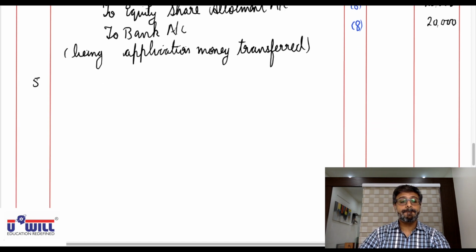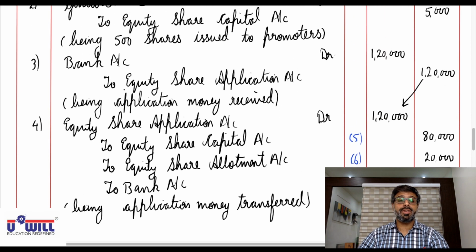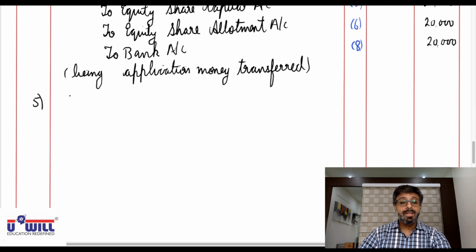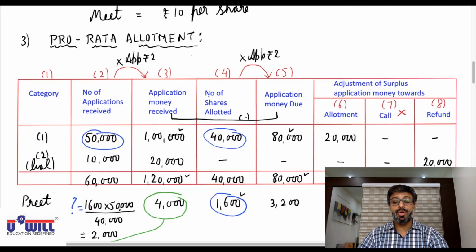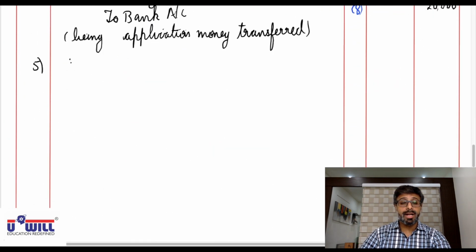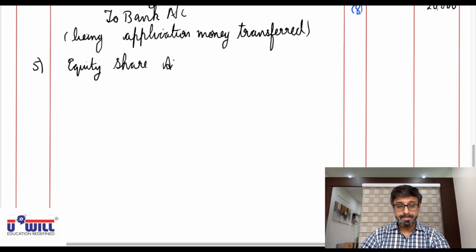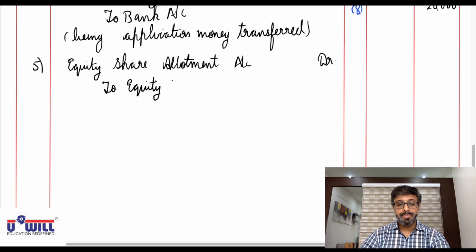Fifth, now after application 2 entries, allotments 2 entries. Allotment includes premium, so equity share allotment account debit to equity share capital account, to security premium account.